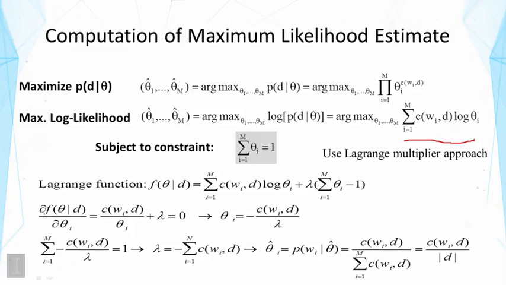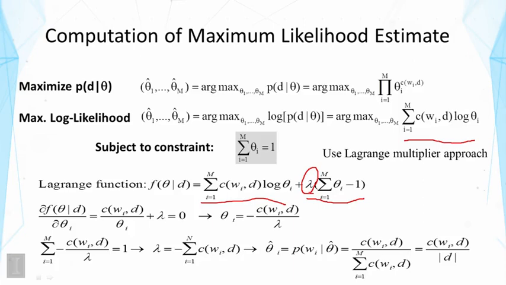So in this approach, we will construct a Lagrange function here. And this function would combine our objective function with another term that encodes our constraint. And we introduce a Lagrange multiplier here, lambda. So it's an additional parameter.